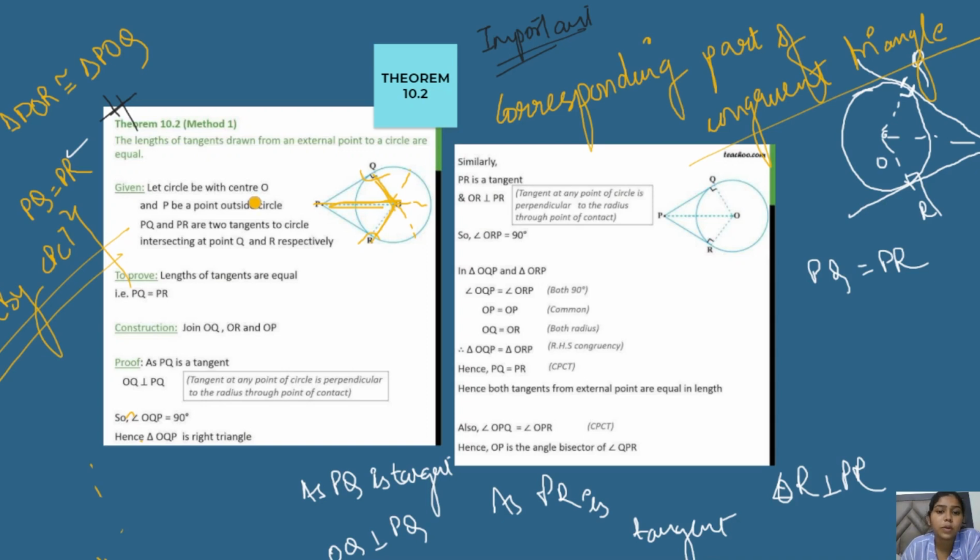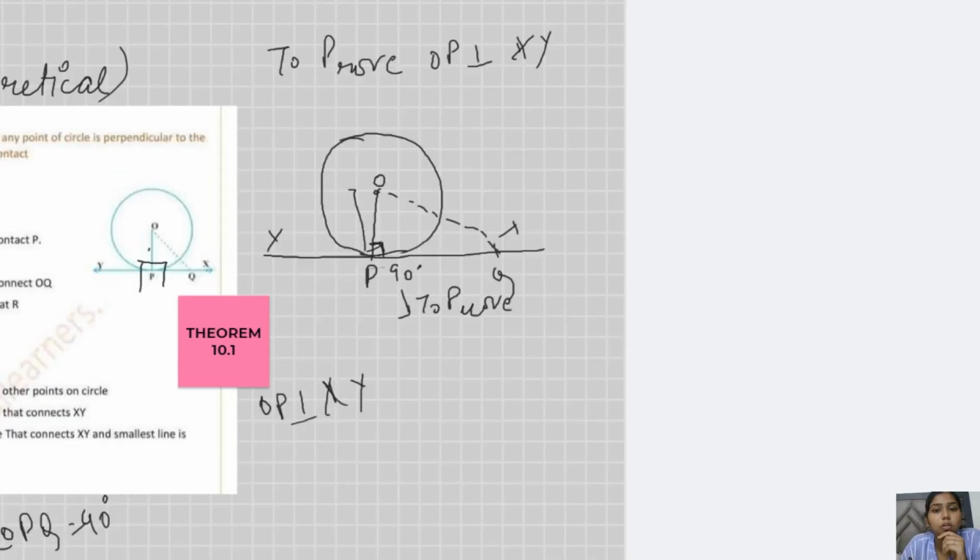You can prove it by proving the two triangles congruent, and after proving congruence, you can use the corresponding parts of congruent triangles, or CPCT. By CPCT you can easily prove that the lengths of the tangents drawn from the external point are equal. So I hope both of the two theorems are clear to you.